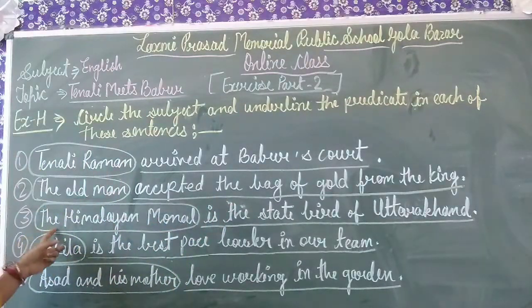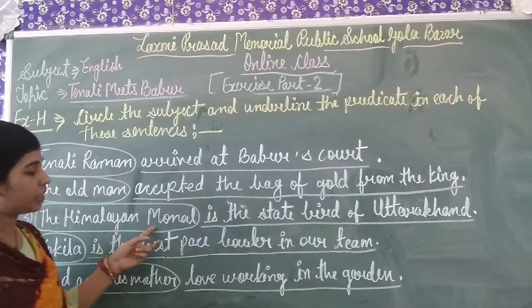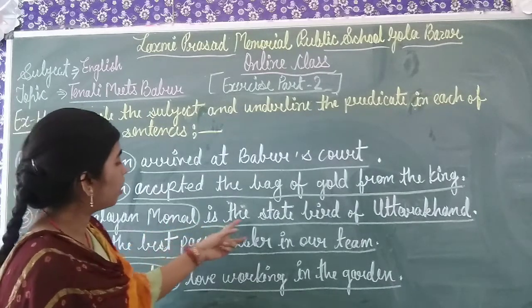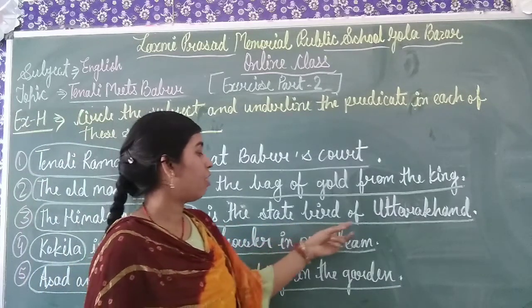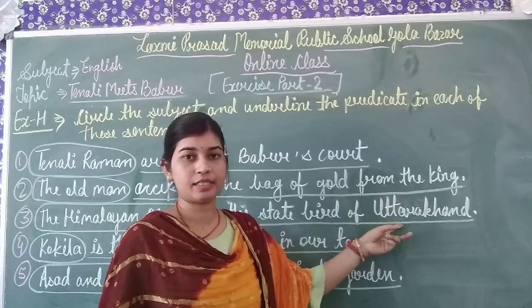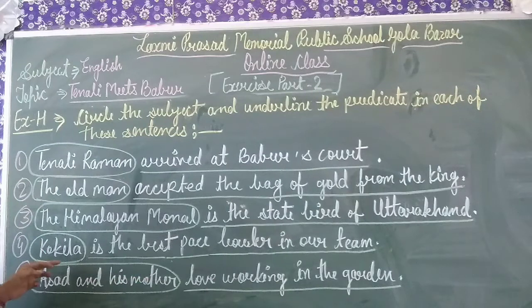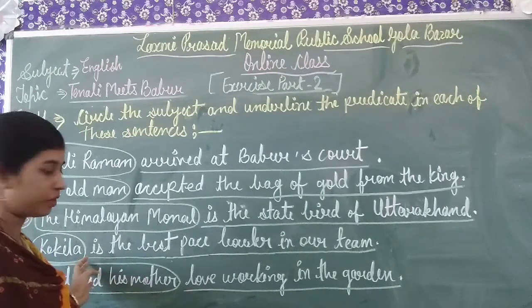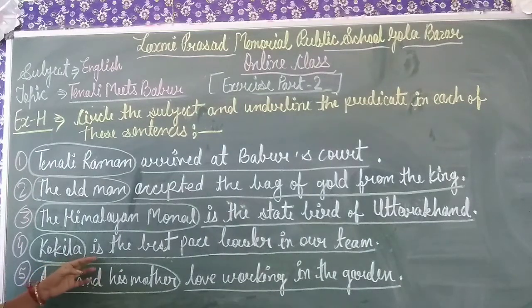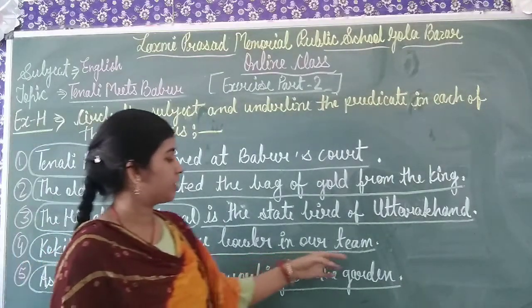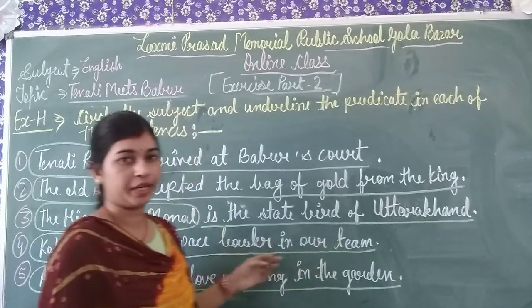Now next, number 3, the Himalayan monal is subject and is the state bird of Uttarakhand is predicate. Now next, number 4, Kokila is subject and is the best pace bowler in our team is predicate.